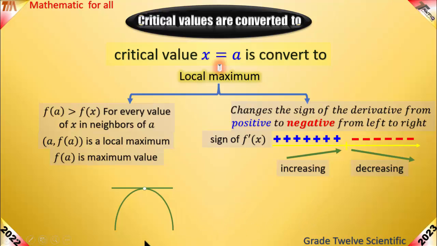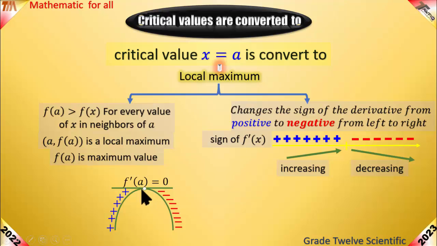And if you have a function like this, where the tangent line at this point is parallel with the x-axis, the value of f prime of x at this point is equal to 0, and the sign of the derivative is positive from the left and negative from the right.